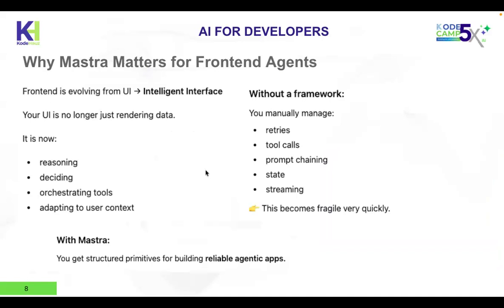Okay. So I think we've talked about this already. The fact that front end is evolving is no more just a UI, no more just a dumb user interface to display information from the back end. It is now an intelligence interface. So people will have to interact with your front end and not just interact, but interact intelligently. Your front end has to exhibit intelligence.